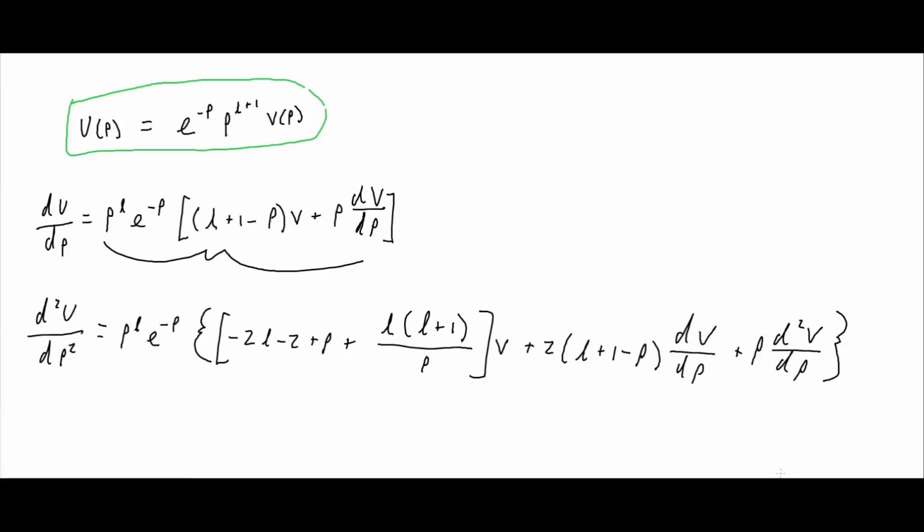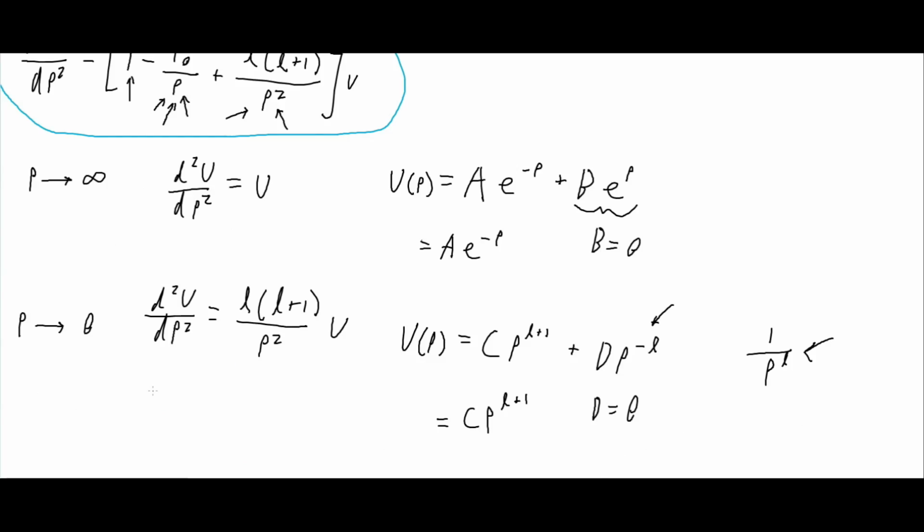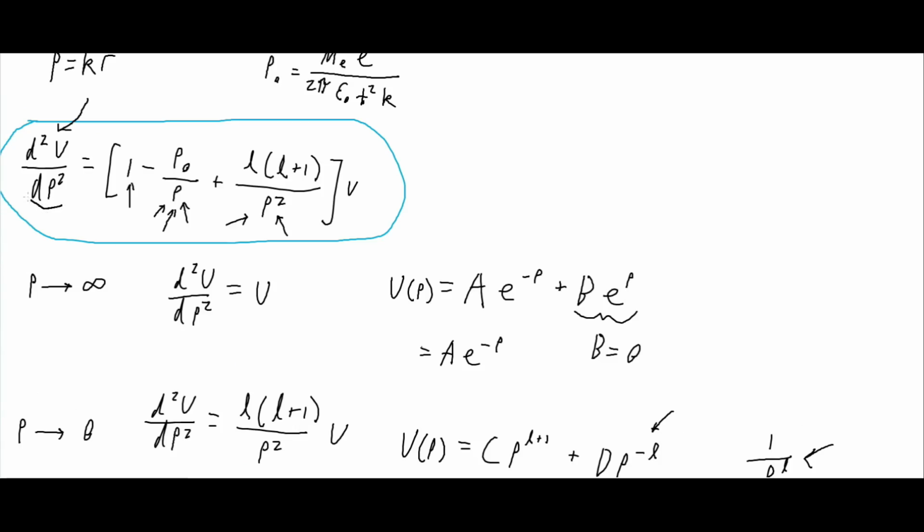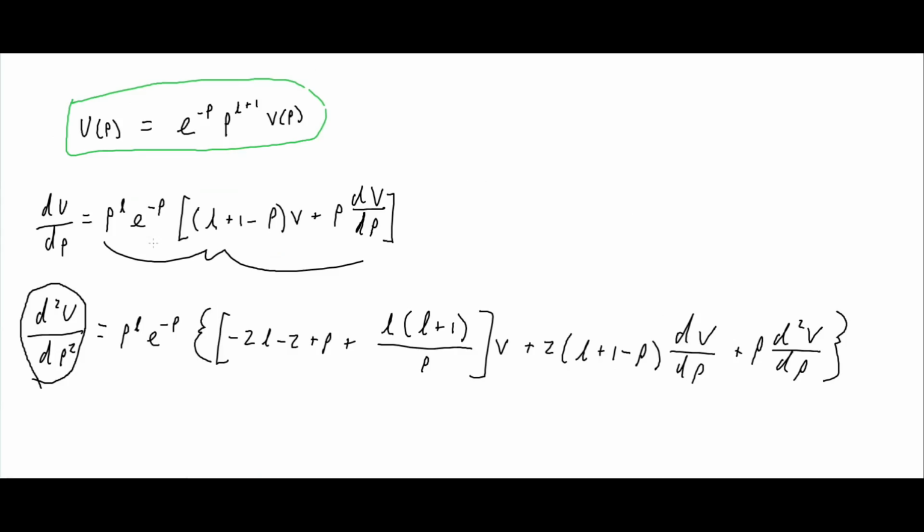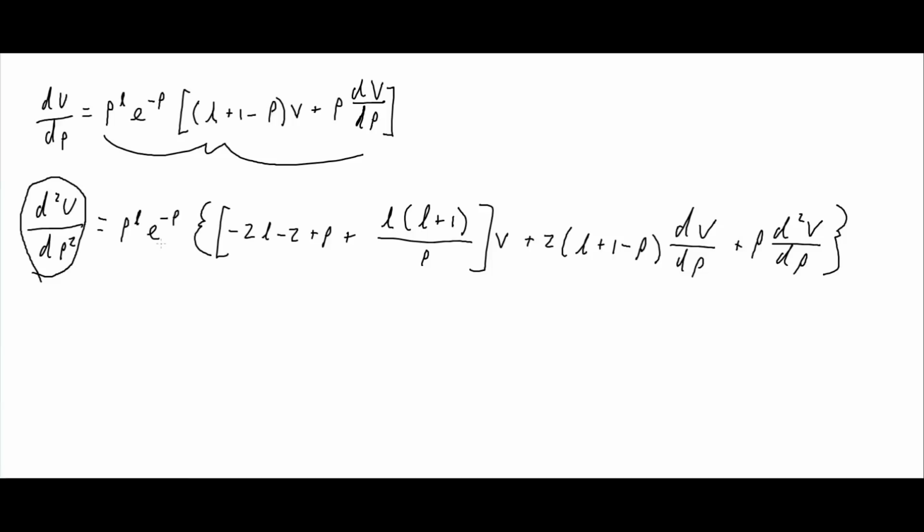And so then what we want to do is, because we have this d squared u over d rho squared, we want to set that equal to this because we have d squared u over d rho squared. And so from that, if we set this all equal to each other, I'm going to ignore this part here for the time being, because really what we're going to be doing is some algebraic manipulation on this part here, and it's not going to affect all this.